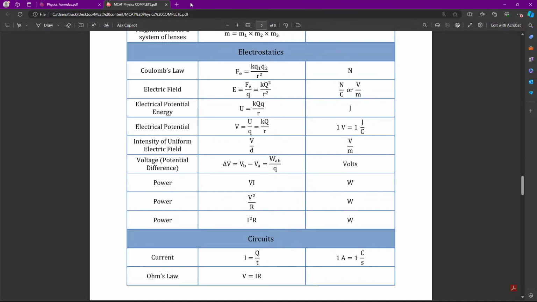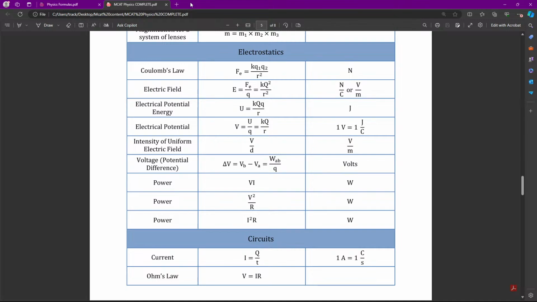Electric potential is equal to K times Q divided by R. Because V equals joules per coulomb. Electric field is voltage divided by distance.